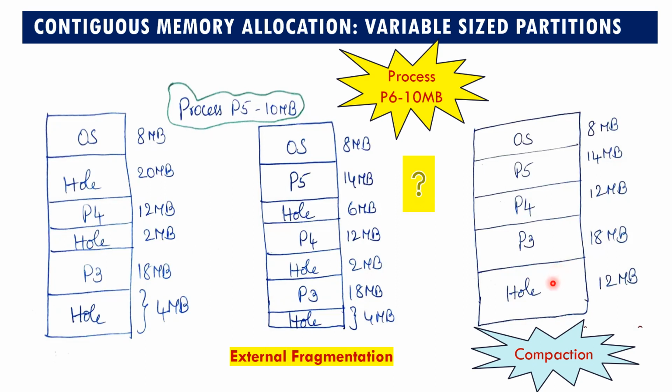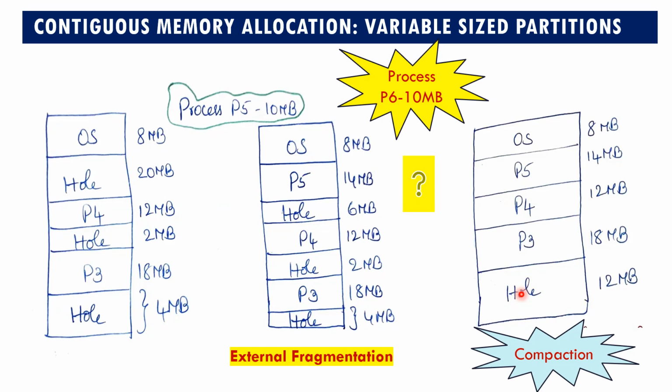So in this session, we have discussed the different memory allocation techniques, including contiguous memory allocation and non-contiguous memory allocation. Specifically, we have discussed the contiguous memory allocation techniques, which include contiguous memory allocation with fixed sized partitions and contiguous memory allocation with variable sized partitions.